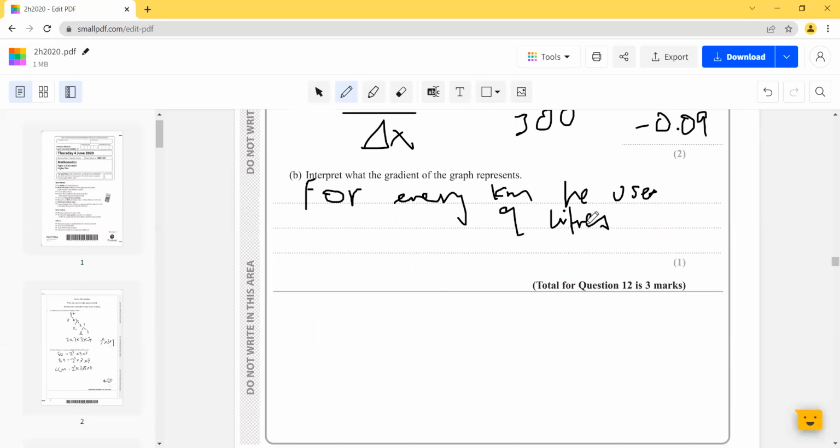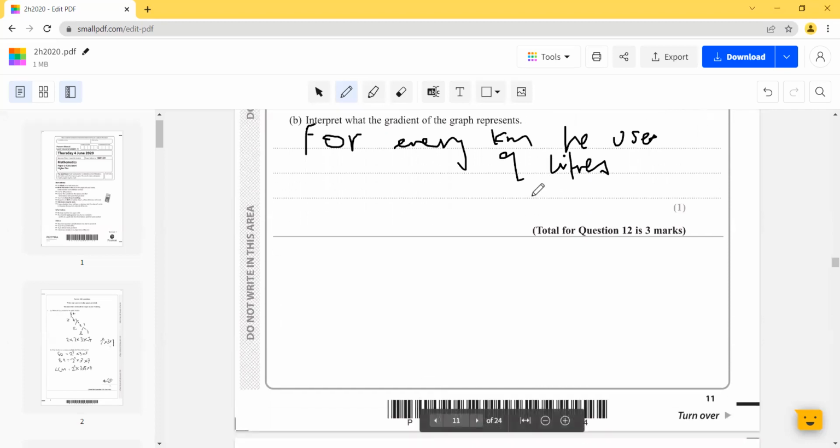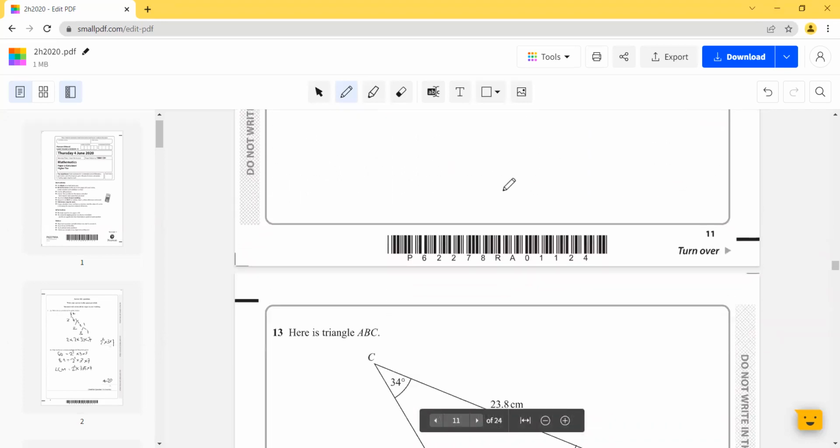Okay, now this question again is a very common question that people ask in exams. So you should practice these types of questions.